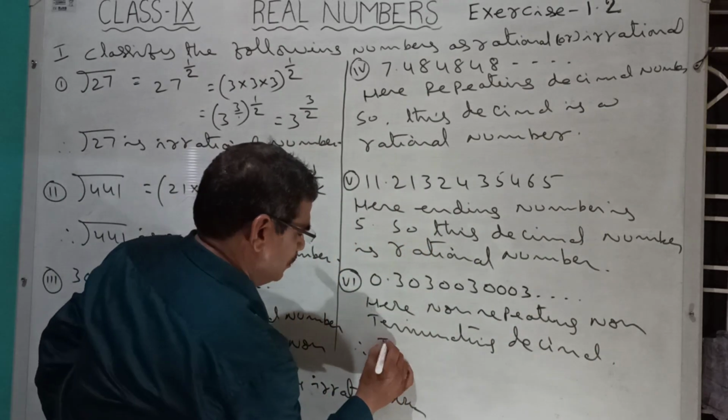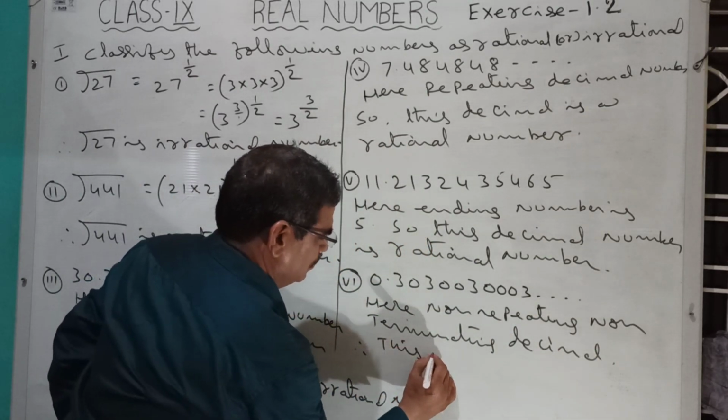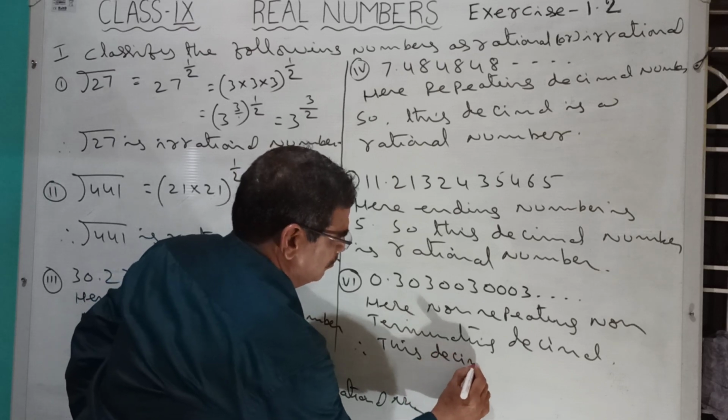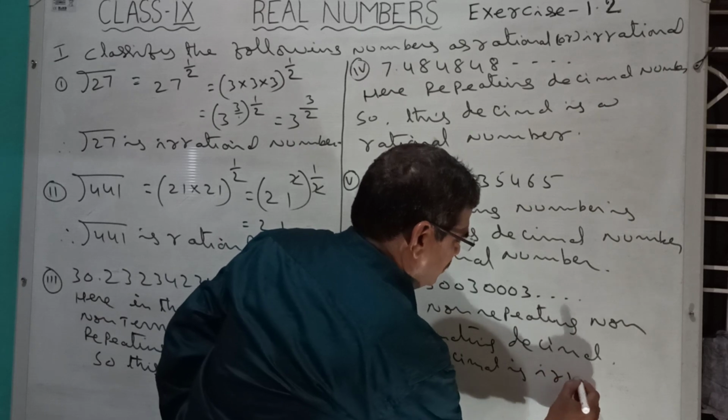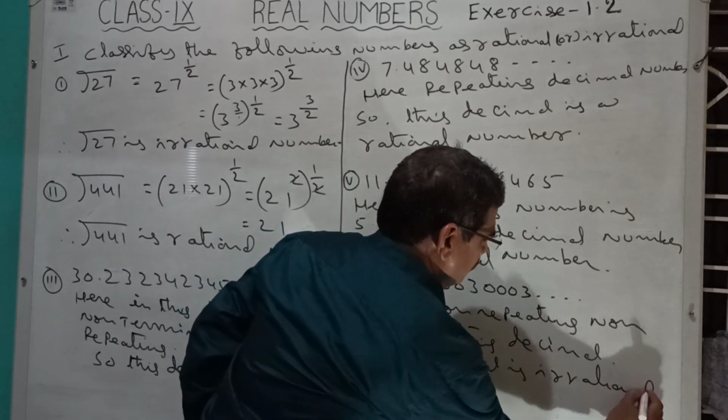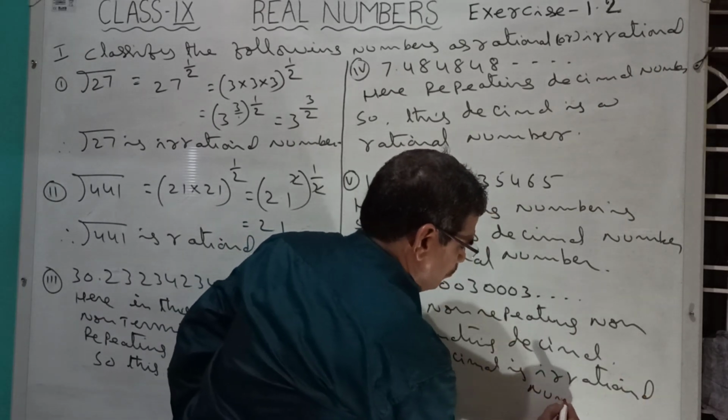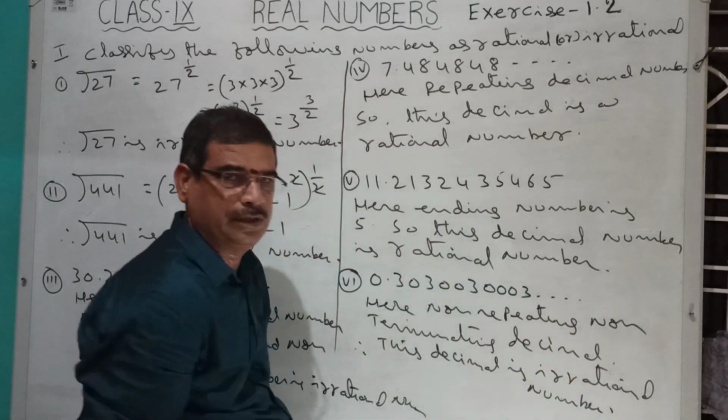Therefore, this decimal is irrational number. Okay.